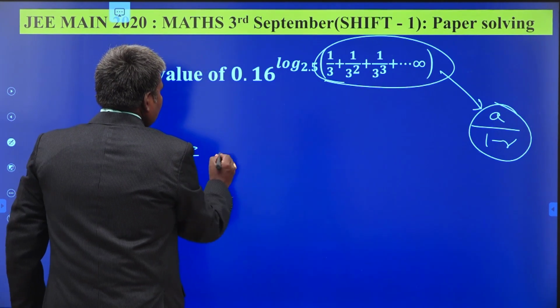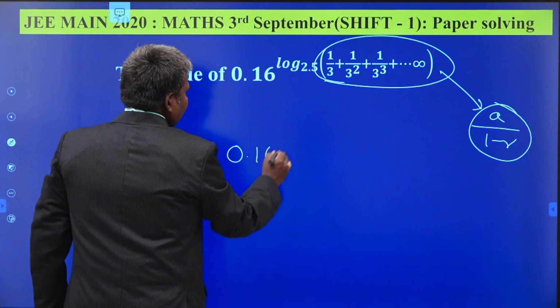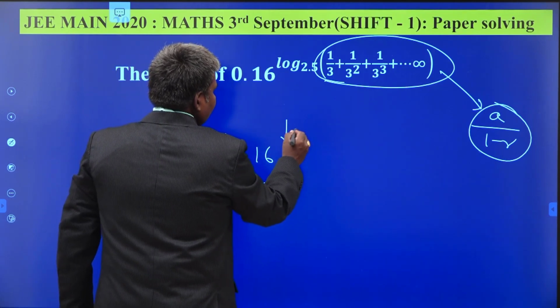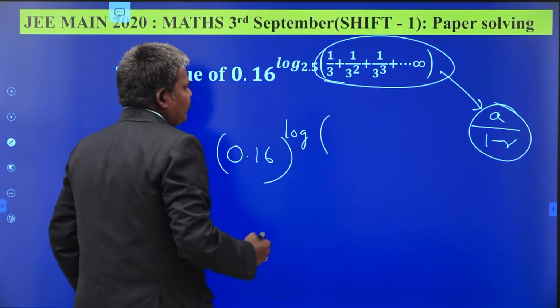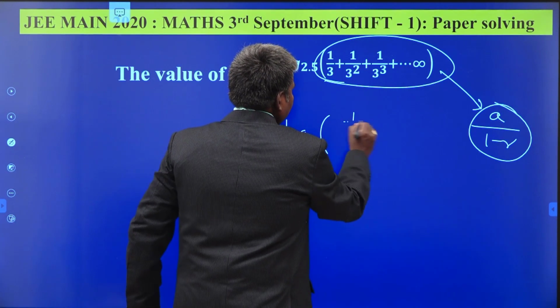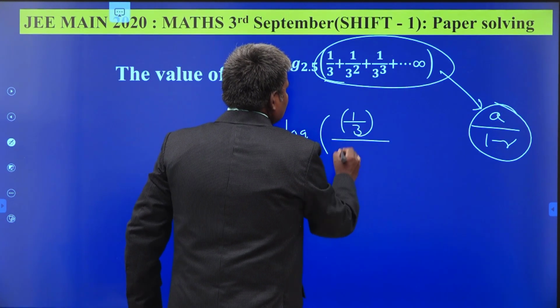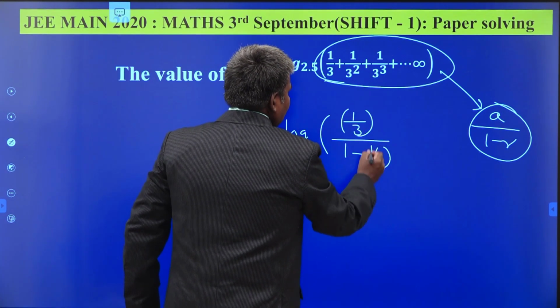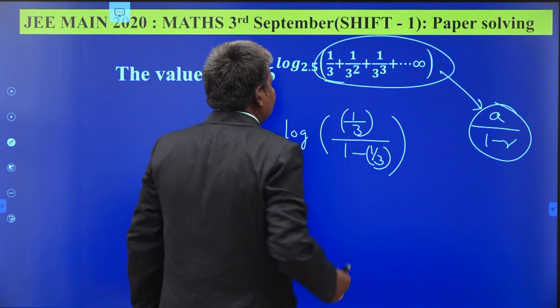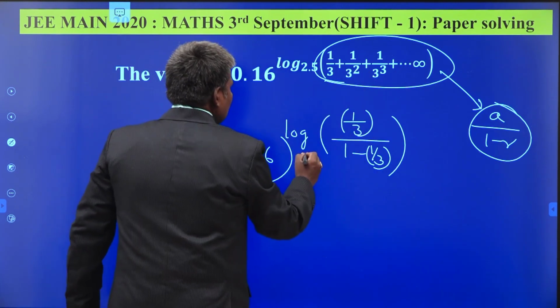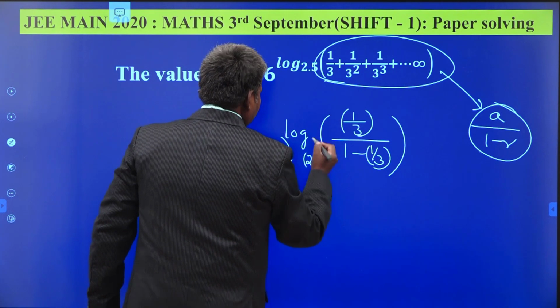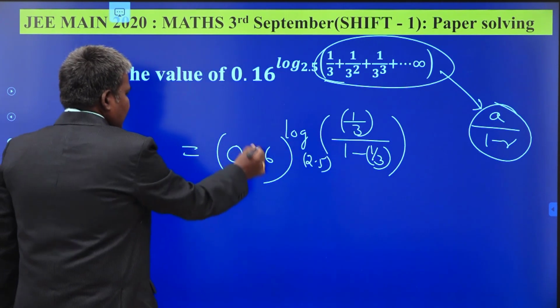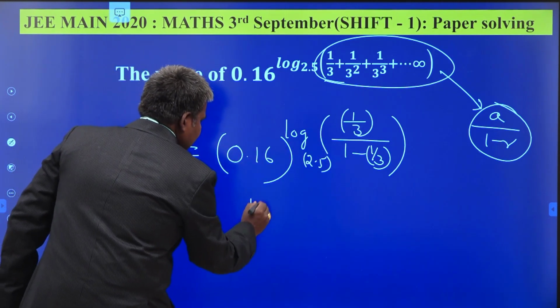So this value is nothing but 0.16 whole to the power of log of, what is the value? A is 1 by 3, by 1 minus R, 1 minus 1 by 3, R is also 1 by 3. That gives 1 by 3 by 2 by 3, which is 1 by 2, to the base 2.5. This 0.16 can be written as 16 by 100.